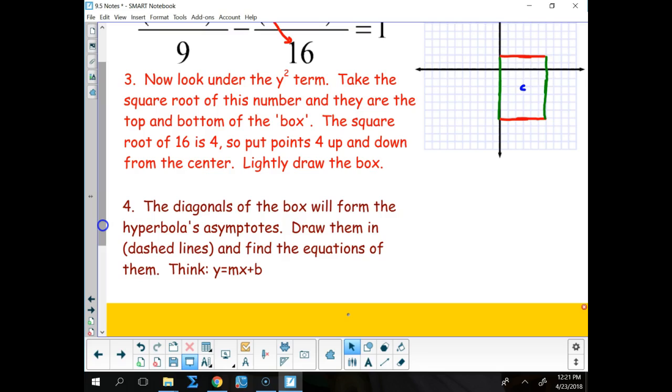The reason that we build the box is because the box's diagonals will give us the asymptotes of our hyperbola. So I need to draw in the diagonals of the box and extend them in both directions.